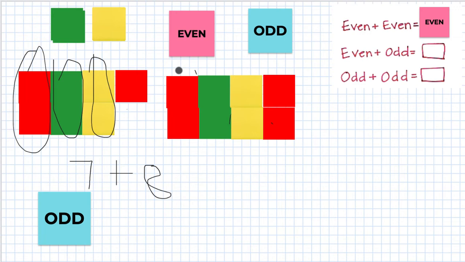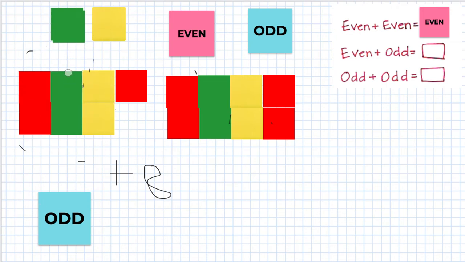The next number, if I'm counting by 2s, is 8. So I want you to think, what is going to happen when we add 7 plus 8? Is our total or our sum going to be even, or is it going to be odd?